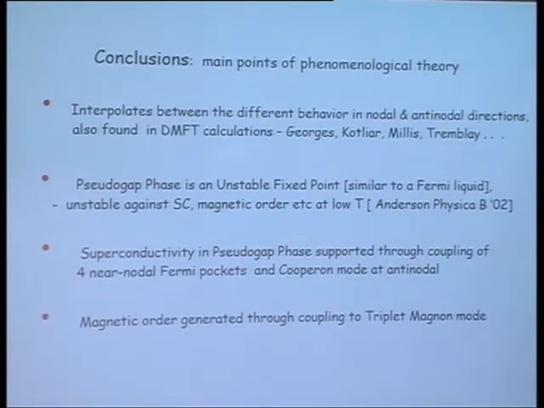Then the superconductivity in the pseudogap is not quite a friend or a foe. But it is supported that as the insulating gap opens up in the antinode, there can be a Cooperon mode which will help induce the superconductivity in the fermion pocket, and magnetic order can be generated through the coupling through the triplet magnon.